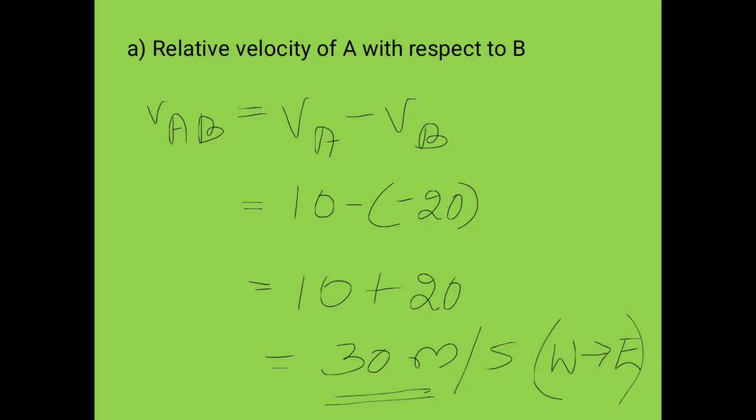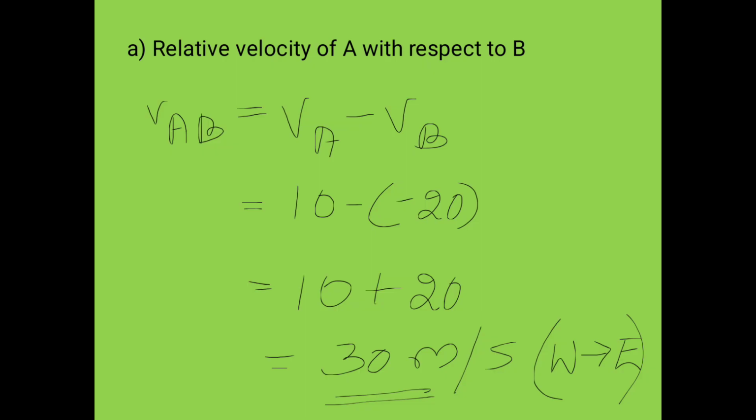Now, for answering question A, we have to find the relative velocity of A with respect to B. You can directly use the equation VAB equal to VA minus VB. The values, you can refer back if you want: VA is 10 and VB is minus 20.